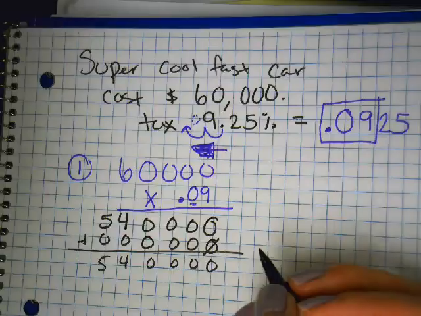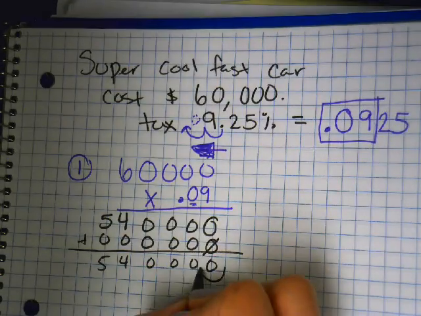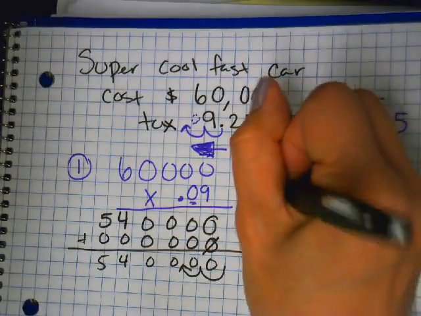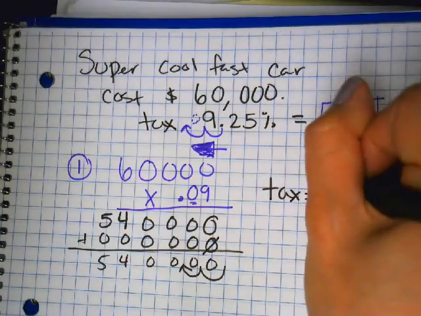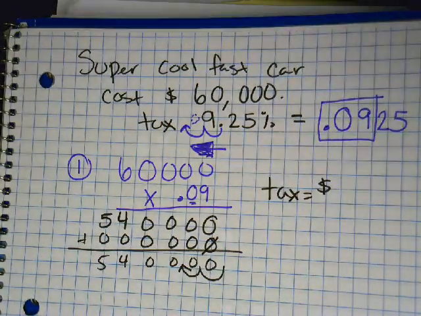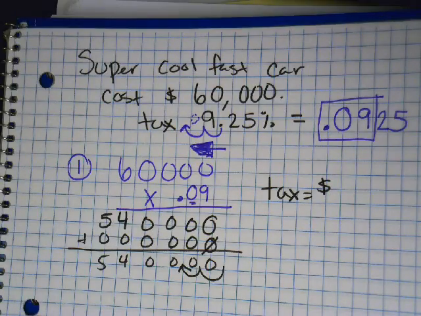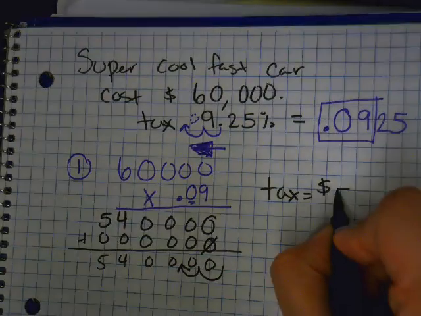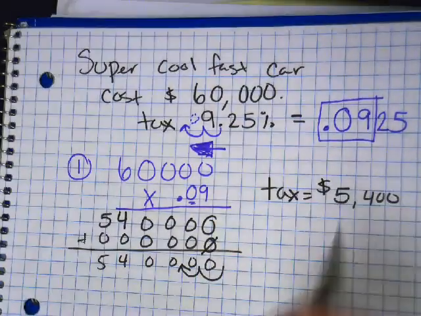How many times do I move my decimal? Twice. So, how much tax am I going to have to pay for this car? $5,400.